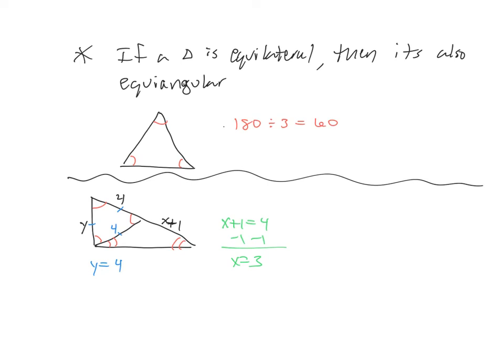Okay, so the problems themselves aren't super difficult, but you're probably going to use at some point that all three angles add up to 180. That's possible. And then obviously the sides are the same across from the angles, or the angles are the same across from the sides.